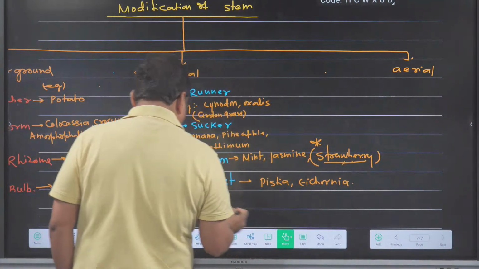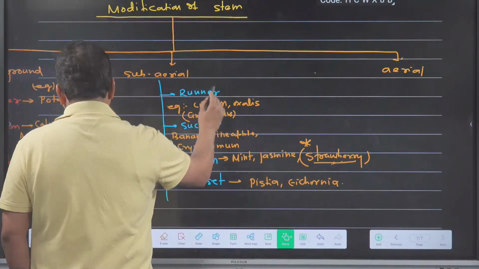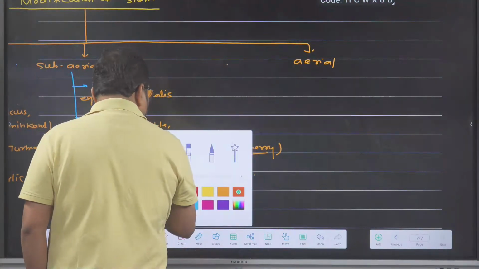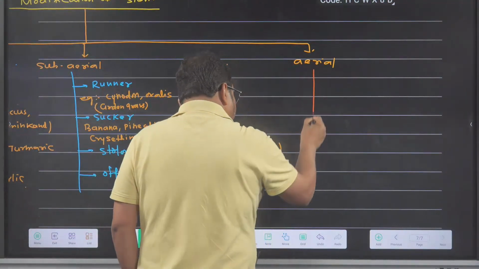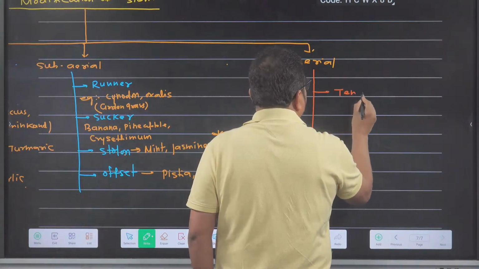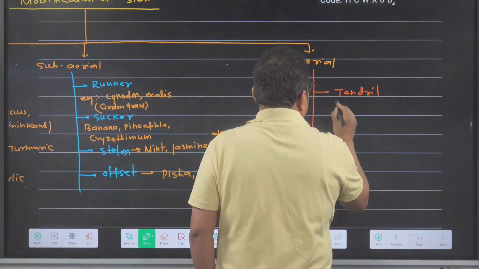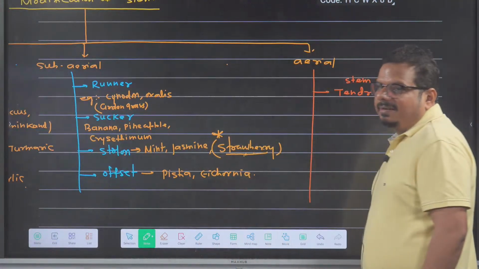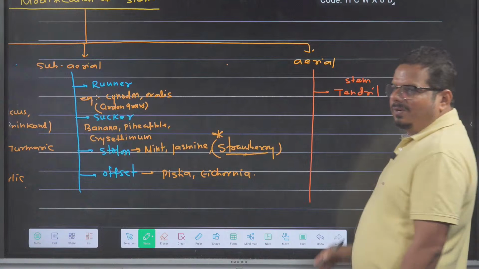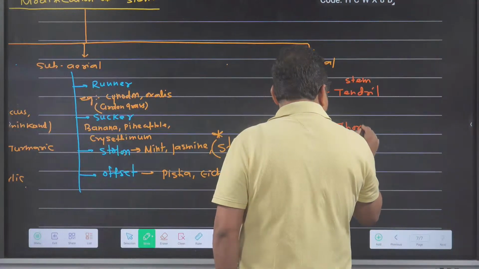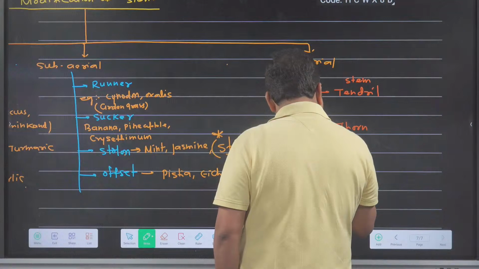Now we are coming toward the aerial modification of the stem. In aerial modification, we will deal with tendril, and it is called stem tendril. Why am I telling stem tendril? Because tendril also arises from leaf. So stem tendril is one of the aerial modifications. Thorn is another aerial modification.